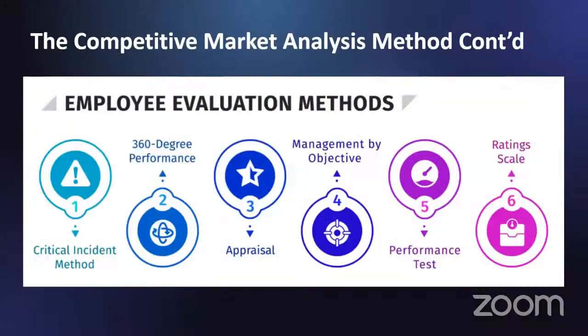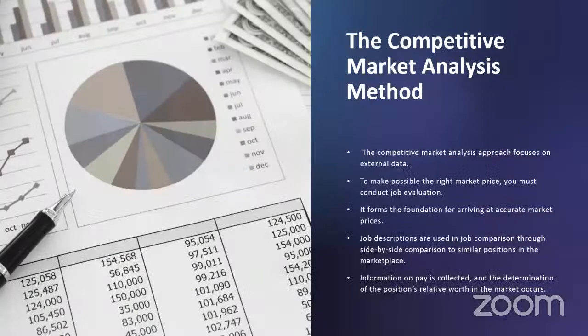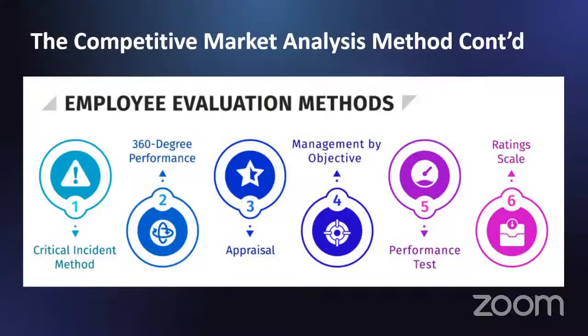Now, what do we measure in the competitive marketplace? So you measure the evaluation methods used, rather. You have the critical incident method, the 360 degrees performance appraisal method, objective performance test, and rating scale. Okay, you can use these things to determine the competitive market pay rate.